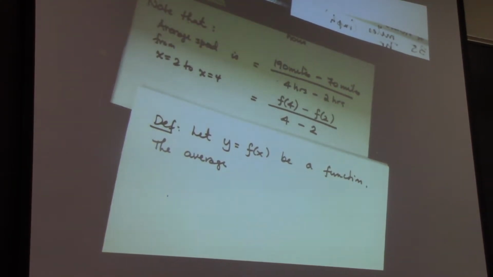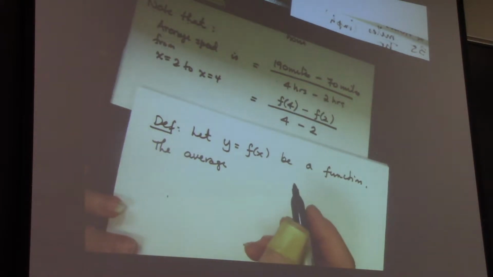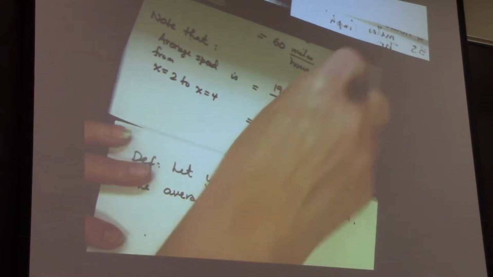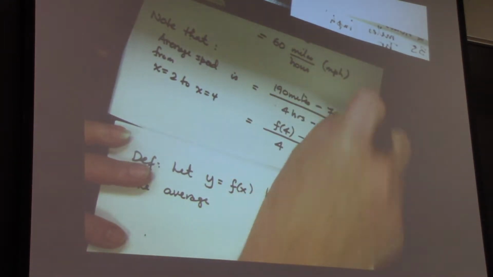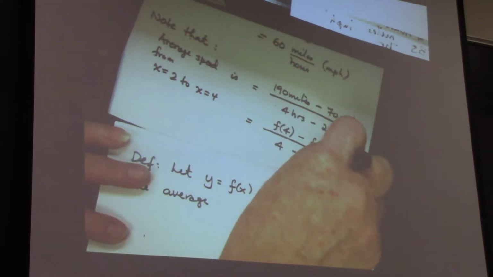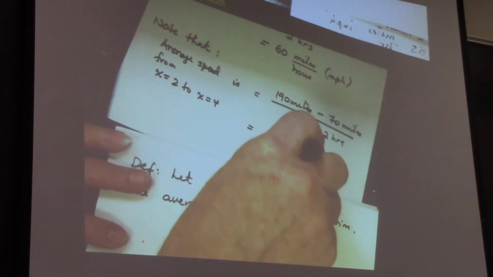It might be the average temperature on a certain time period, or the average cost of something you're buying, whatever it is. It's a rate. Here the units of the rate are miles per hour. Rates are always of the form something per something else, and we've always got a fraction. And I write this out in general.